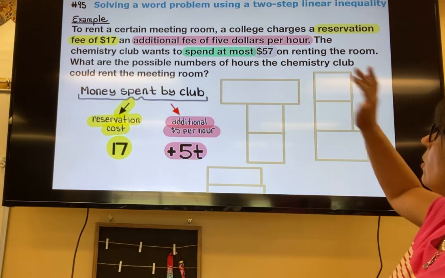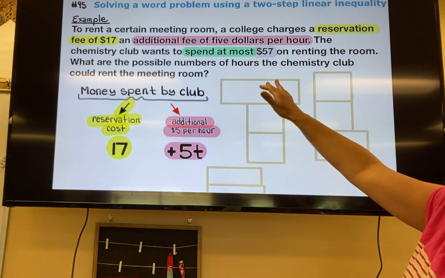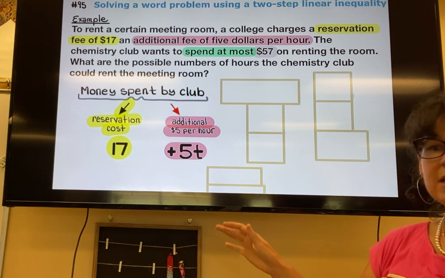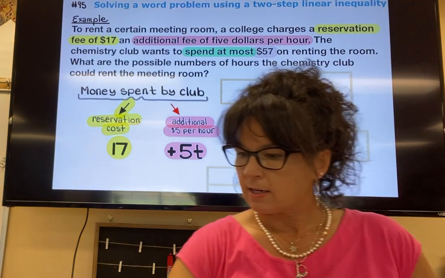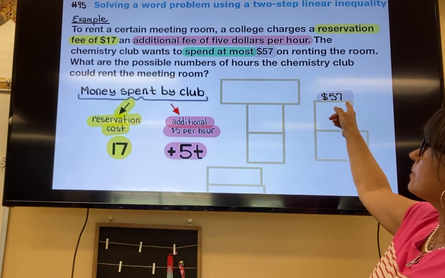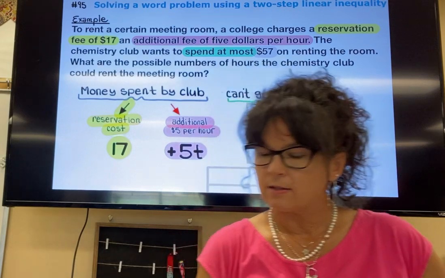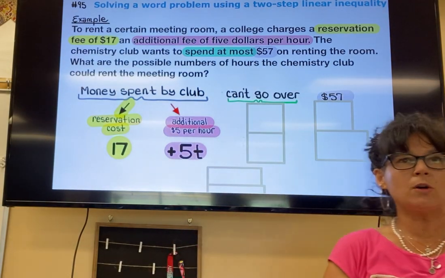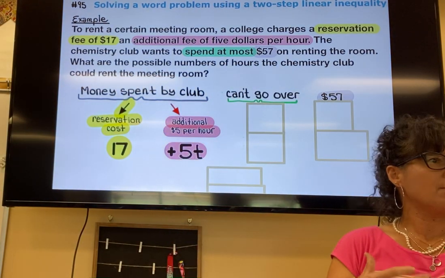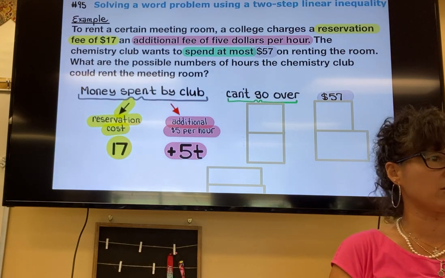Okay, then we go on reading, and it says the chemistry club wants to spend at most $57. So we know that we're going to have 57 over here, but then we ask, what does at most mean? Well, another way to say at most is the amount of money can't go over $57.